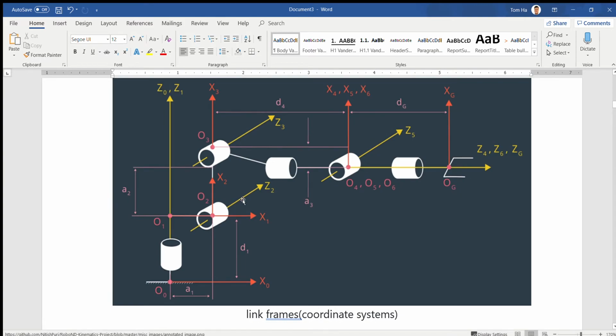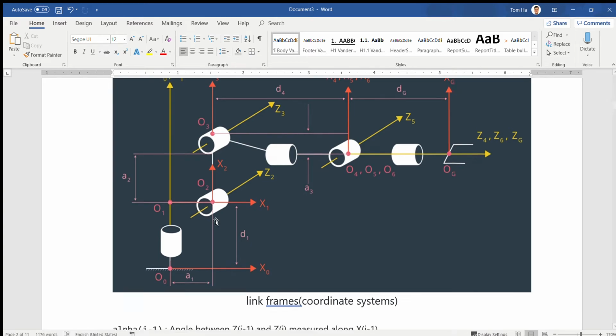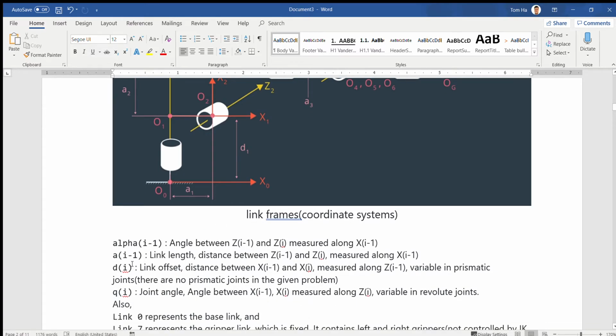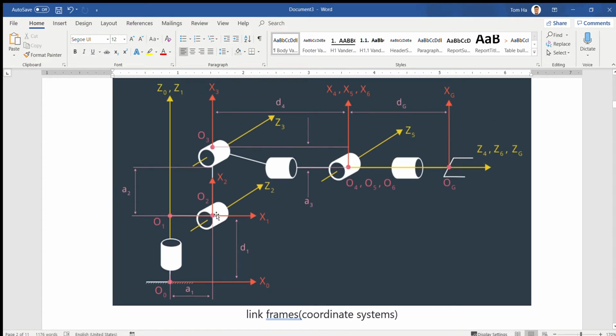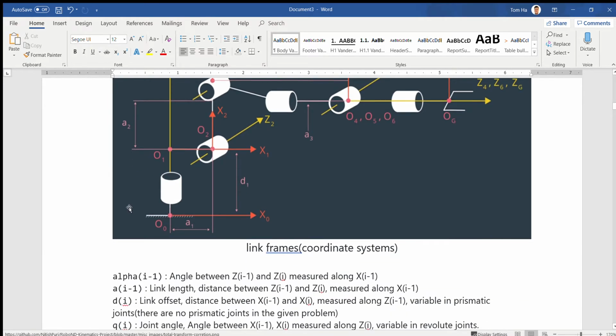We'll continue, for example, from this frame 02 to 03, we have the distance A2 right here, A2, okay.